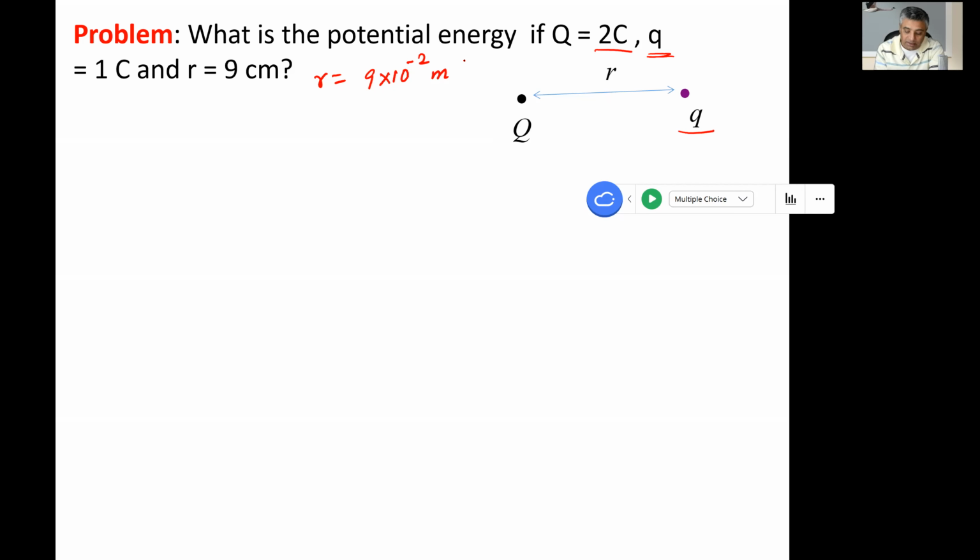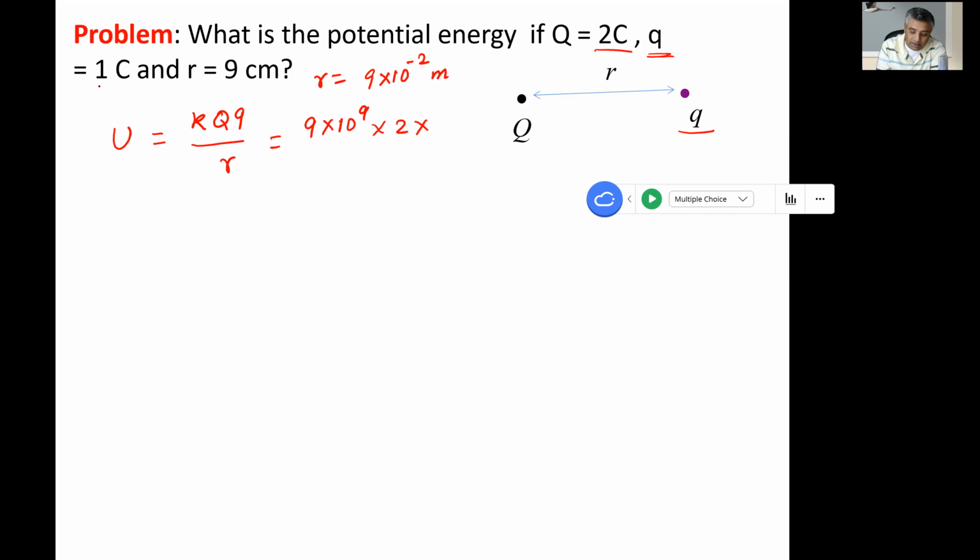Now it asks, what is the potential energy? What did we learn about potential energy? Potential energy is K, both charges, over R. We know all of these. K is 9 times 10 to the power 9. Q is 2 coulomb, nice, I don't need to convert that, it's already in coulomb.